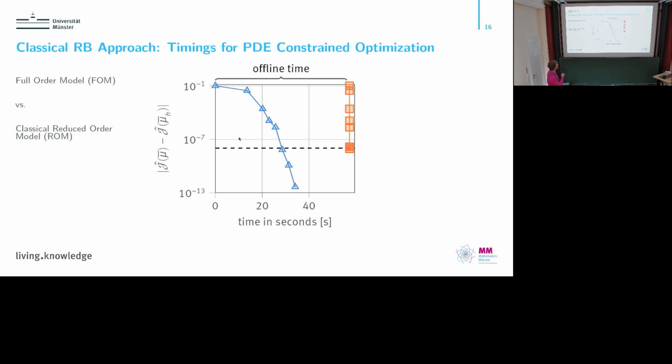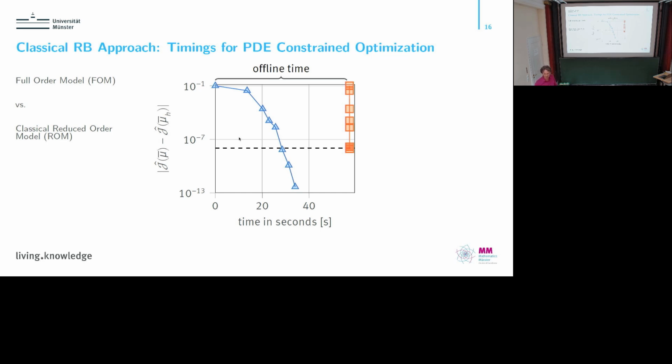Instead, for the reduced order model, if you would just count the online time, you would have very short evaluation times and like an immediate response of the solution. But if you take the offline time, then this offline time in a lot of cases is even larger than solving the whole optimization problem with just the standard method.